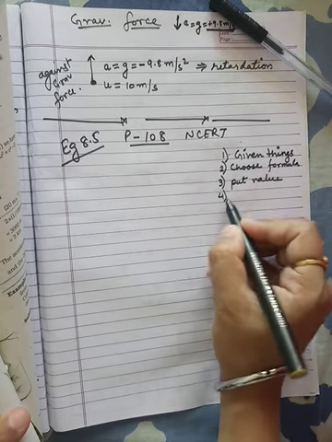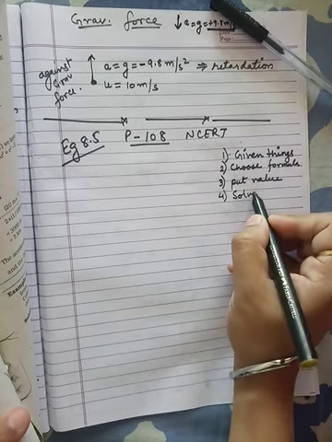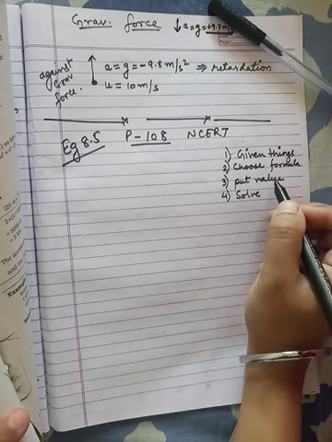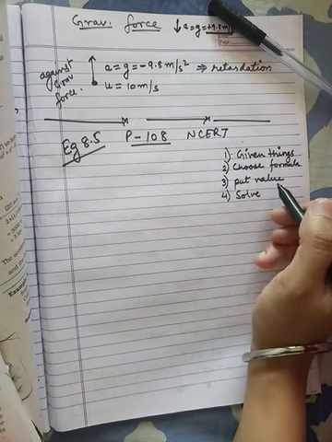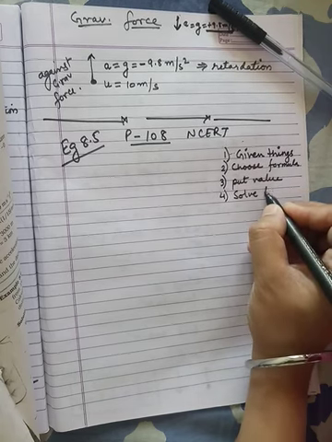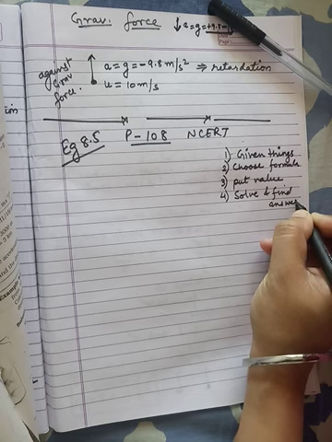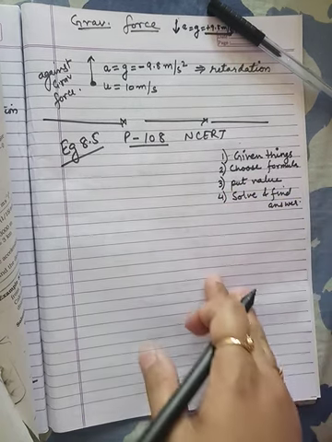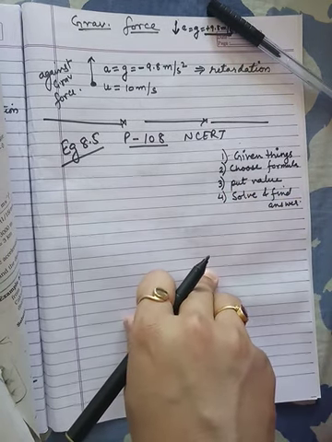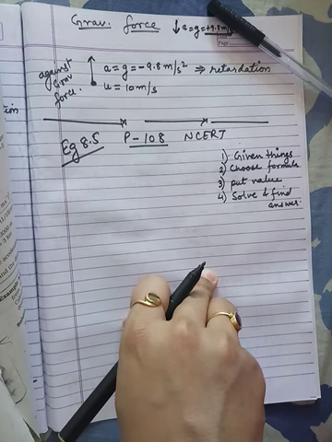Fourth step is to solve the equation formed from putting the values, and then find out the final answer. These are the 4 steps that we must follow every time to become masters in numericals.